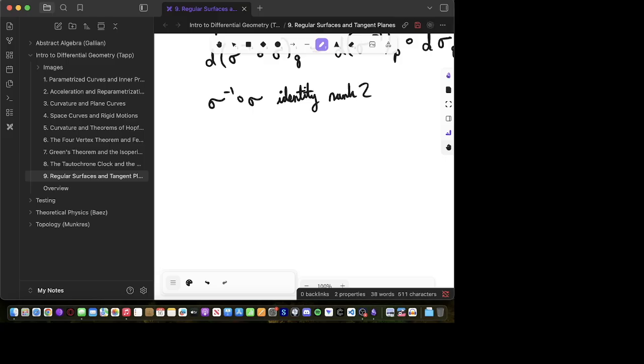I could go deeper into this, but that's sort of more linear algebra, so if you don't already know linear algebra, just take my word for it.